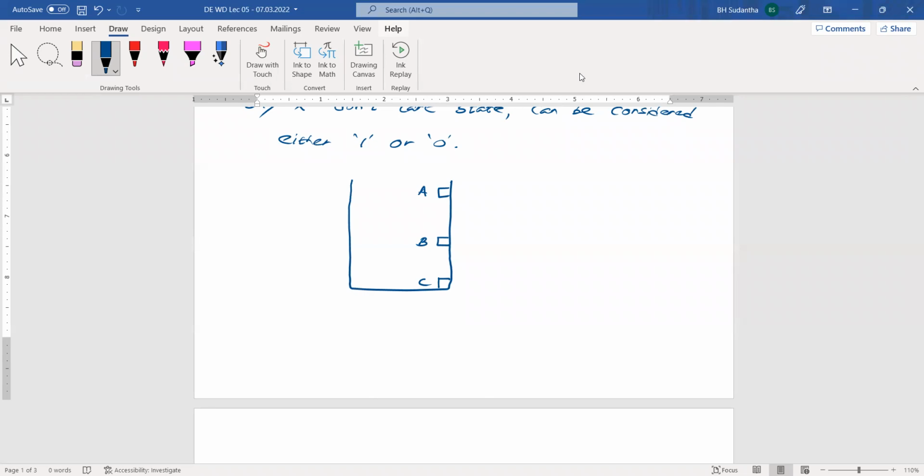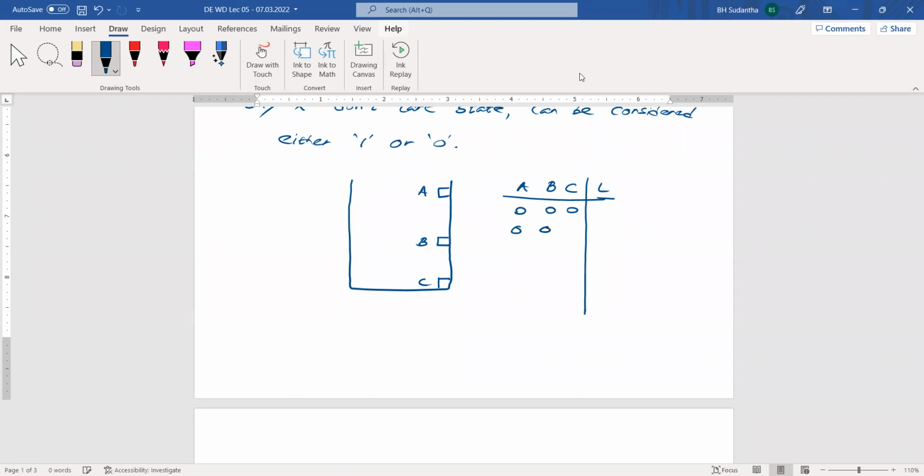Then we'll make a truth table to check the water level of the tank. Depending on the water level, we can do something. We assume that we want to have this output. We want to find the water level, and based on the water level, assume that we want to turn on a motor or something like that.